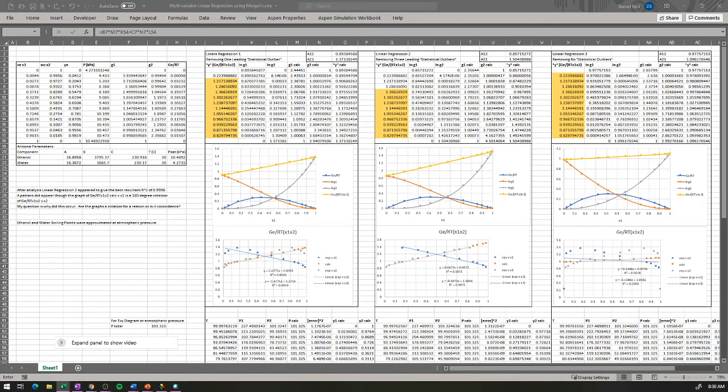That's gamma 1 all times the partial pressure of 2. Okay, so x1 gamma 1 psat 1 plus x2 gamma 2 psat 2. And those are for the calculated gammas that we have recalculated.